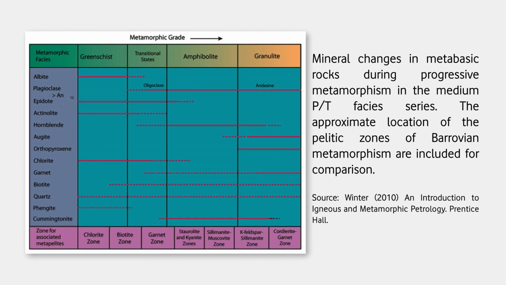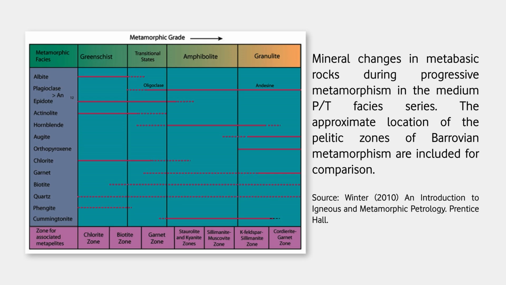Metamorphic grades. I am showing the metamorphic grades here. The metamorphic phases: greenschist phases, transitional series, amphibolite phases, and granulite phases. The mineral assemblage is albite, plagioclase, epidote, anorthite, actinolite, hornblende, augite, orthopyroxene, chlorite, garnet, biotite, quartz, phengite, and cummingtonite.